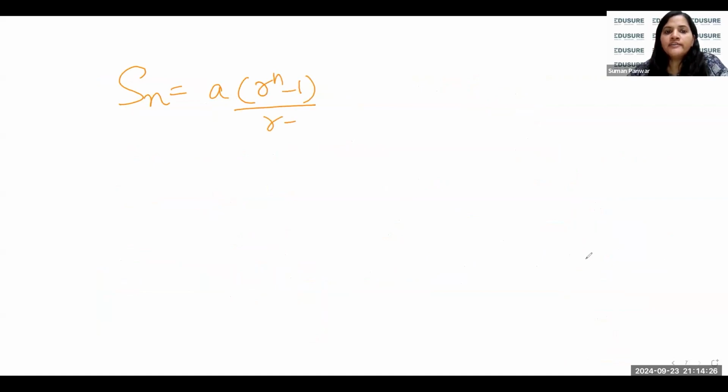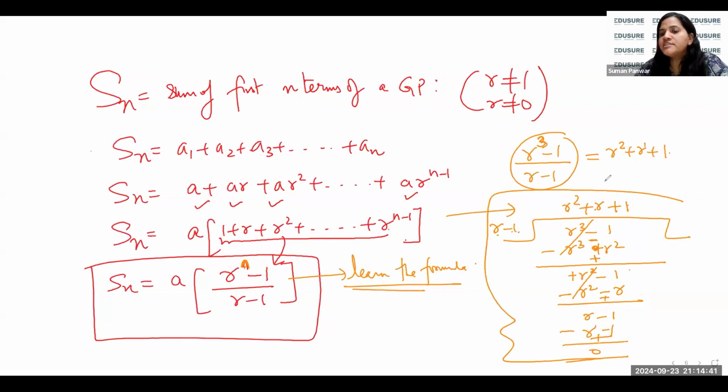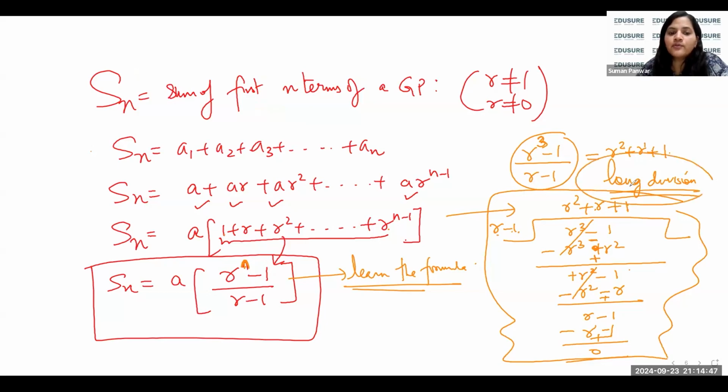I did long division. Arkadeep, I did the long division method. I just showed an illustration because you should always ask questions about how this comes out to be this.